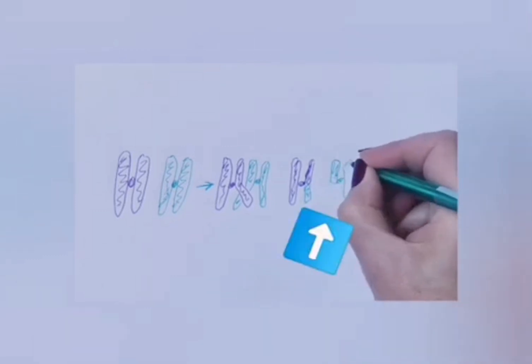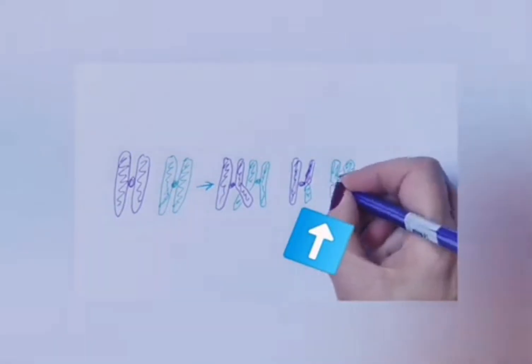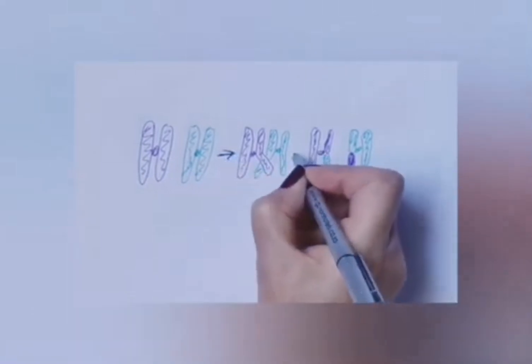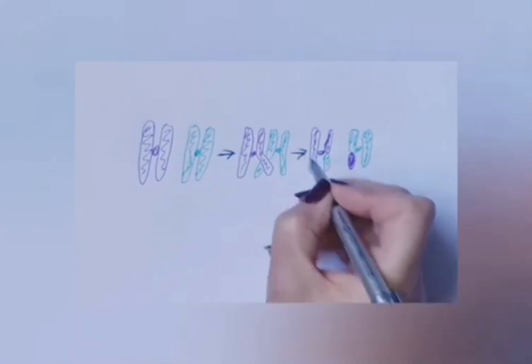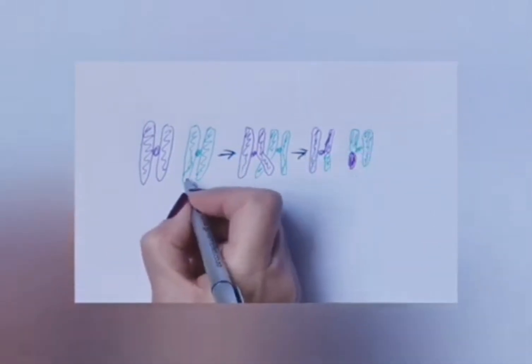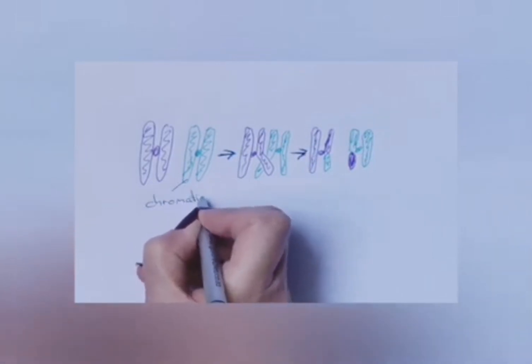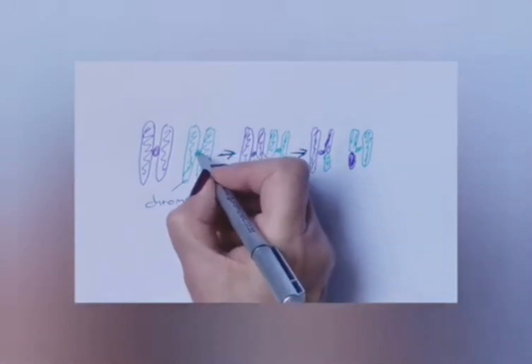So the result is a purple chromosome with a little green bit and a green chromosome with a little purple bit. When making this drawing, it's obviously essential that you add some labels. So you should indicate the individual legs of a chromosome, which are called chromatids. So here we've got a chromatid on the left.